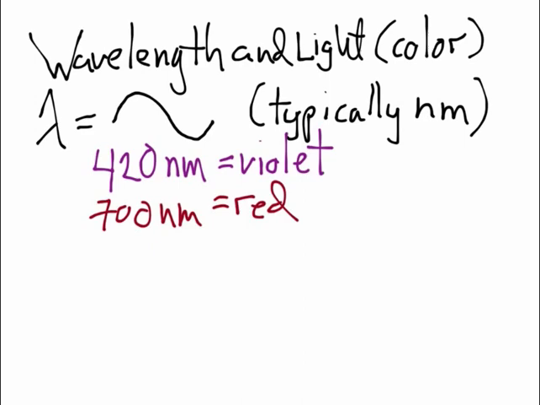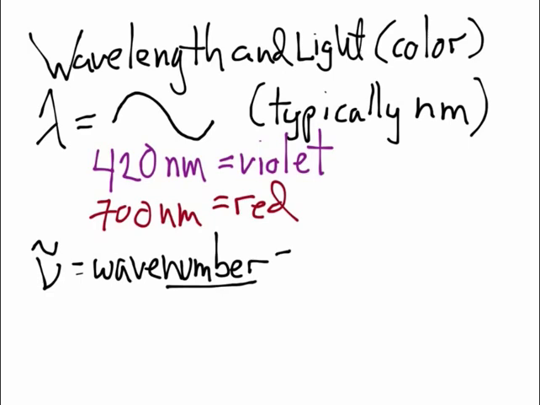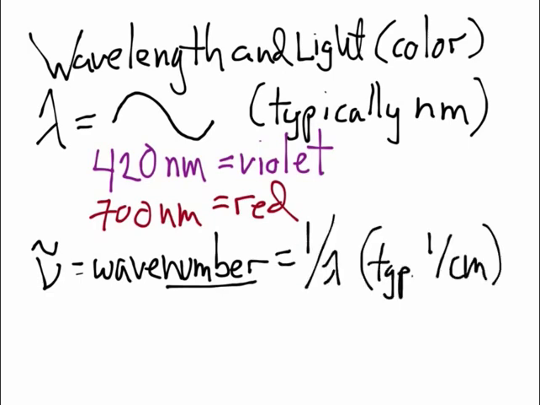Now, in addition to wavelength, with units of nanometers, there are other ways that we measure the properties of light. One thing we can do is just flip the wavelength over, so instead of lambda, we have 1 over lambda, which we call a wave number, and we indicate that with the symbol nu with this funny little twiddle on top of it. So nu twiddle is the wave number. It's 1 divided by the wavelength, and typically the units we use for wave number are inverse centimeters, or 1 divided by centimeters.